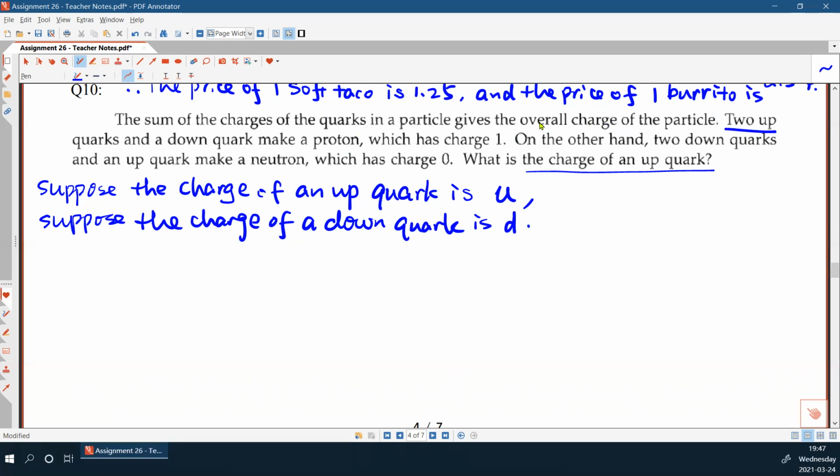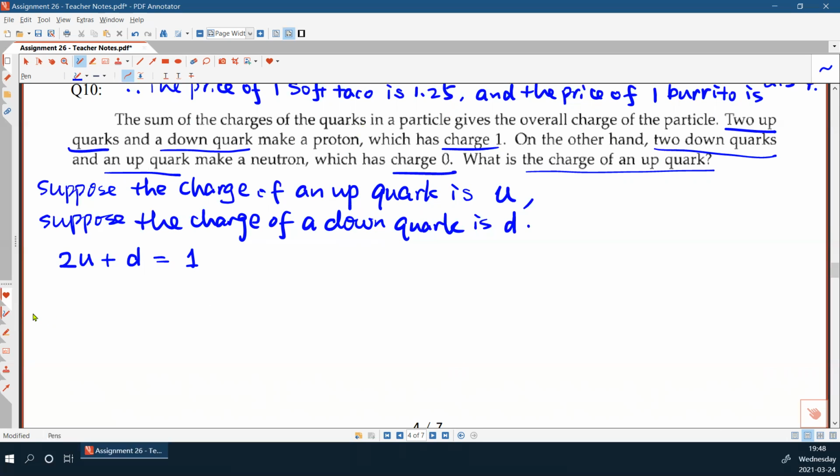We know that two up quarks and a down quark has a charge of 1, right? Okay, so that means 2U plus 1D is 1, right? This is the first piece of information. Next one, we know that two down quarks plus an up quark has a charge of 0.